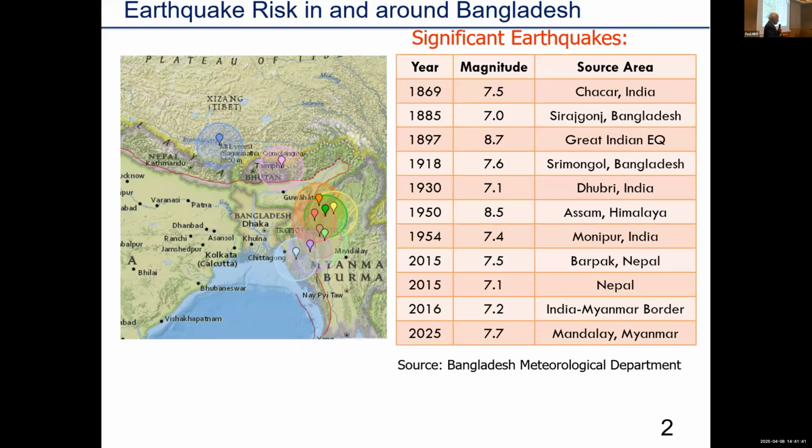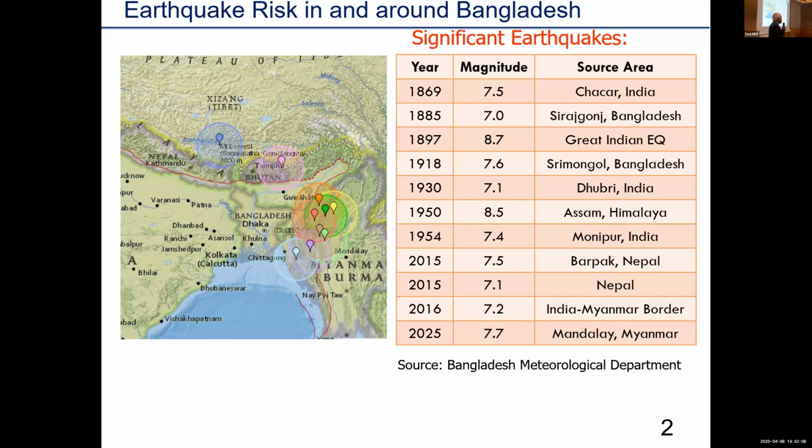And you know about the seismicity of our country. These are historical earthquakes in and around Bangladesh, very large earthquakes over the last more than 100 years. One of them is the 1897 magnitude 8.7 Great Indian Earthquake, somewhere near here.